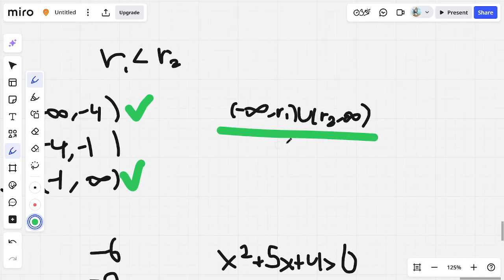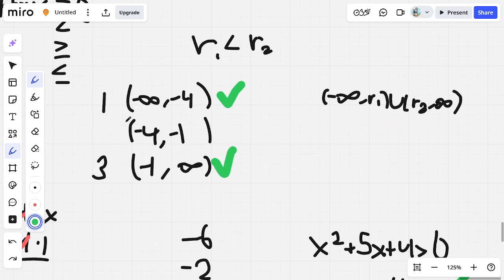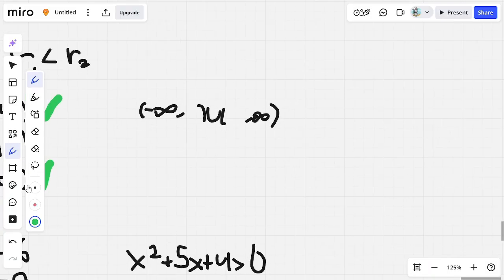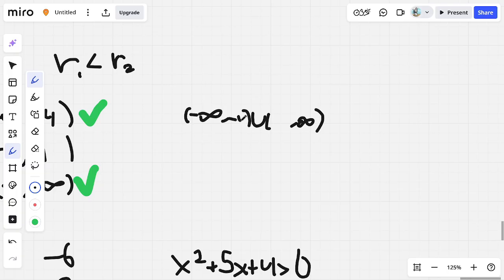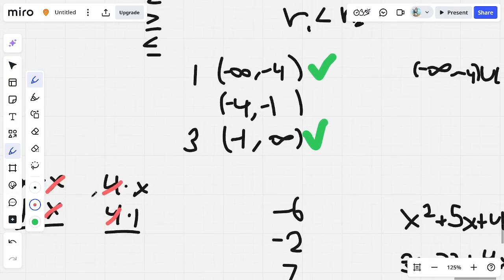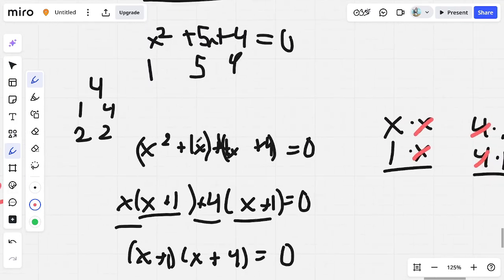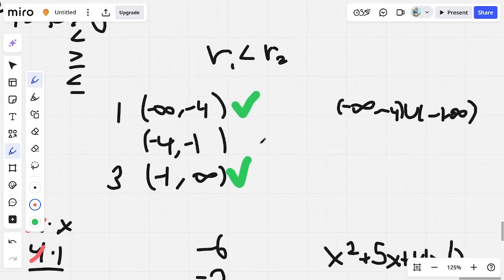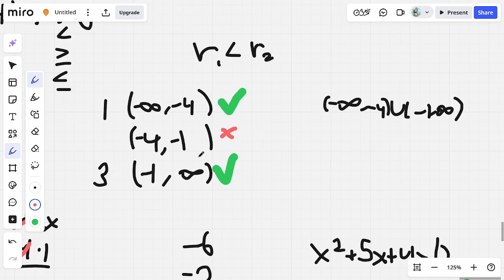So we can conclude that the solution set is negative infinity to negative 4 union negative 1 to infinity. And we see that the logic applies. When it's greater than, it's not the second interval.